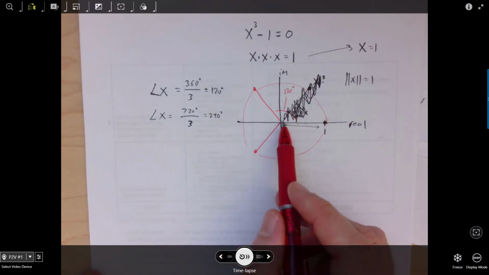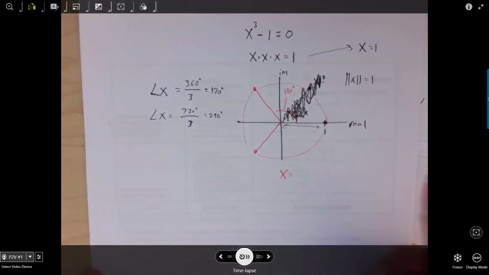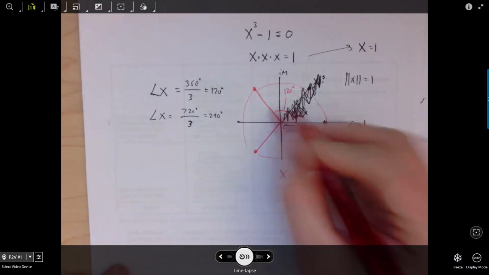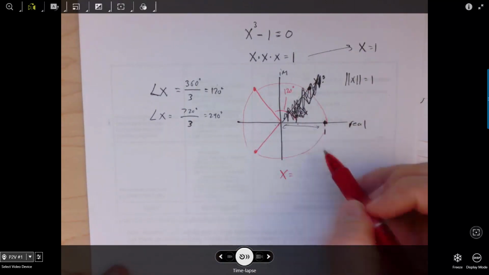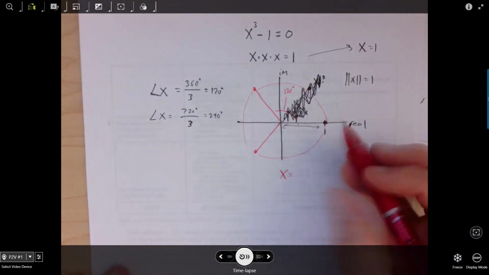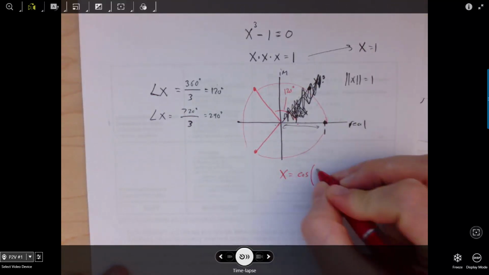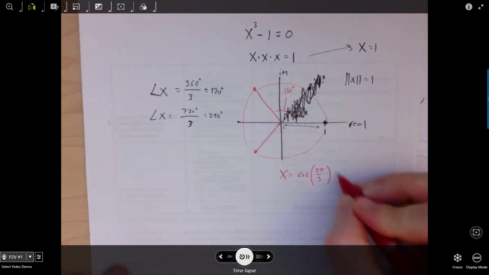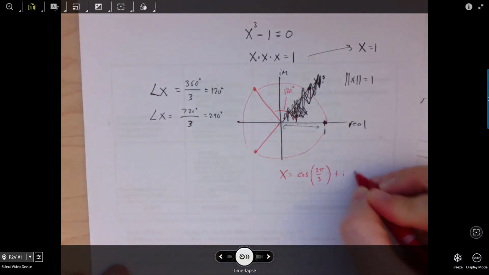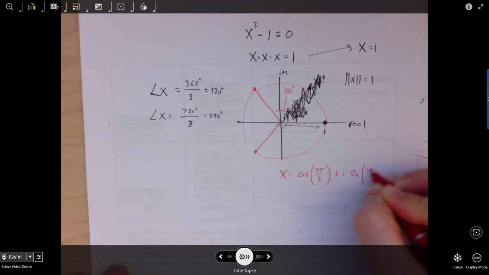The sine of 120 degrees should give us that y value. So because 120 degrees is the same thing as 2 pi over 3, we've got cosine of 2 pi over 3 is the real part, and then the imaginary part is the sine of 2 pi over 3.